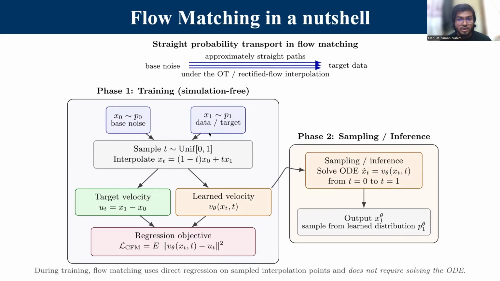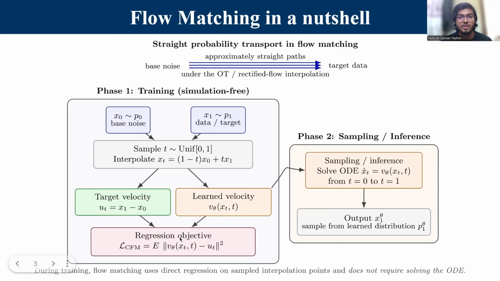So instead of costly forward simulations, we sample an intermediate time t and linearly interpolate between our noise and data to get xt. So because the path is a straight line, the target velocity ut is a constant vector field, x1 minus x0. Training is then simple. So it is a supervised regression objective that forces our neural network v theta to match the constant target velocity.